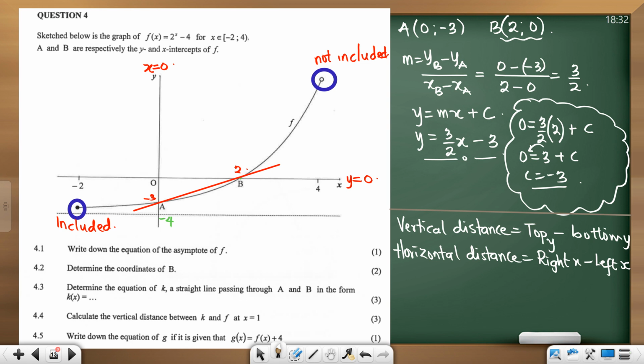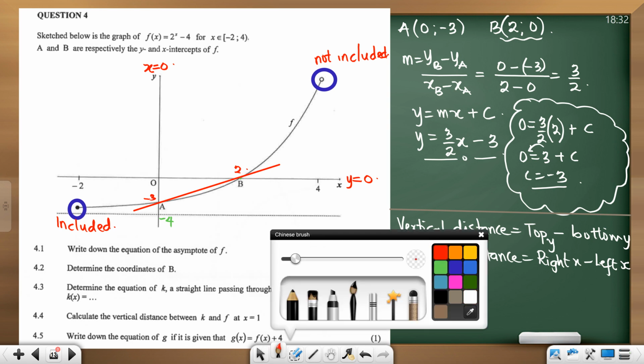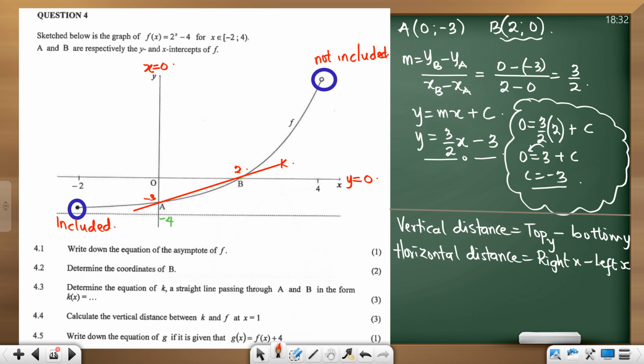Now the examiner wants us to calculate the vertical distance between K and F. I now know my K. X equals 1 is somewhere there.